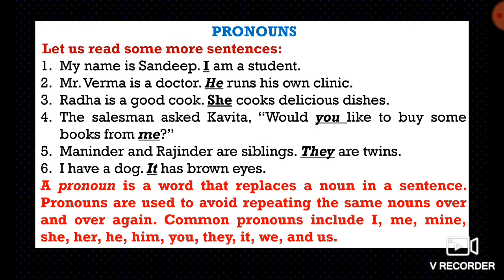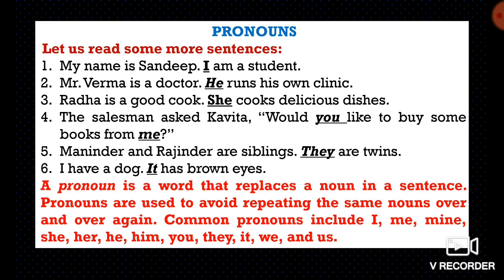Students, let us read some more sentences. Our first sentence is, My name is Sandeep. I am a student. Second, Mr. Verma is a doctor. He runs his own clinic. Third, Radha is a good cook.